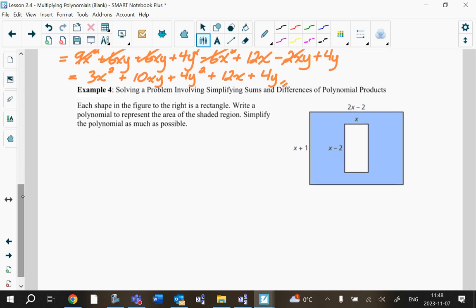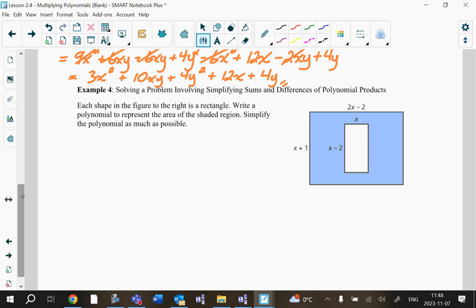Okay, last one is a bit of a problem-solving one. How would you find the area? Like, just ignore the algebra right now. Let's just say if they were numbers. How would you find the area of just the blue region? Exactly. Find the area of the entire blue one, find the area of this one, and subtract them.